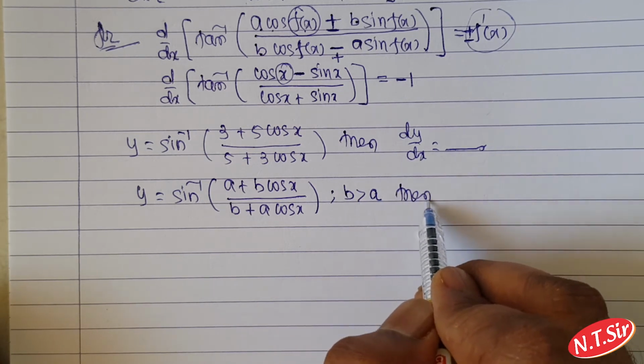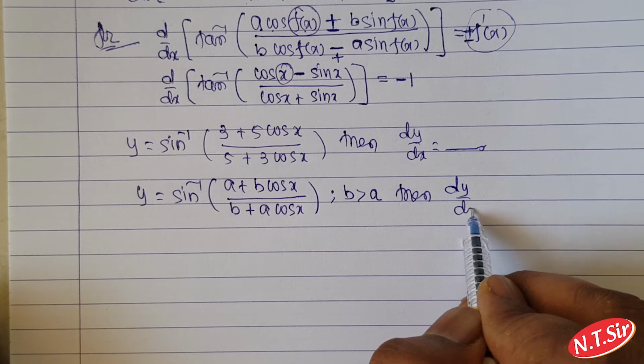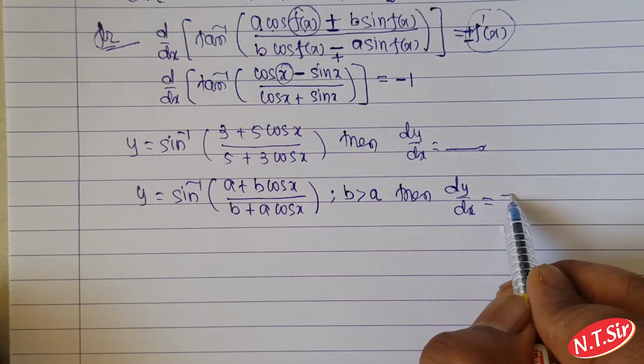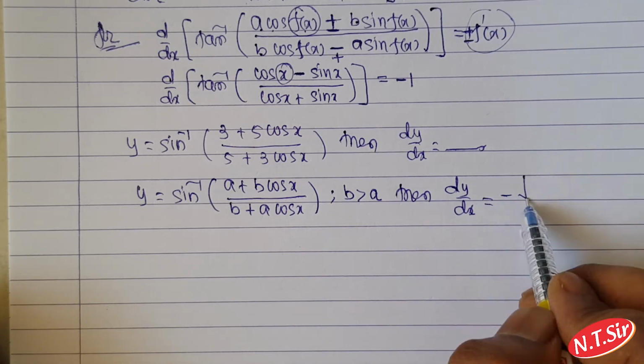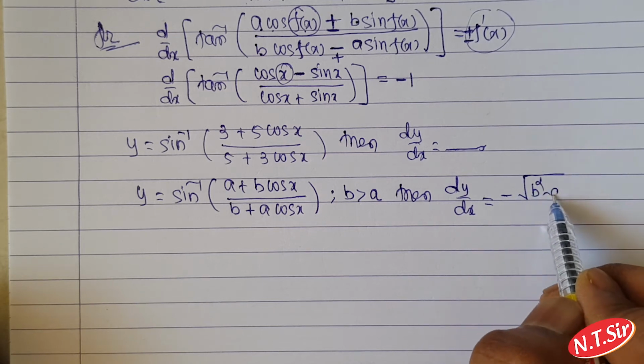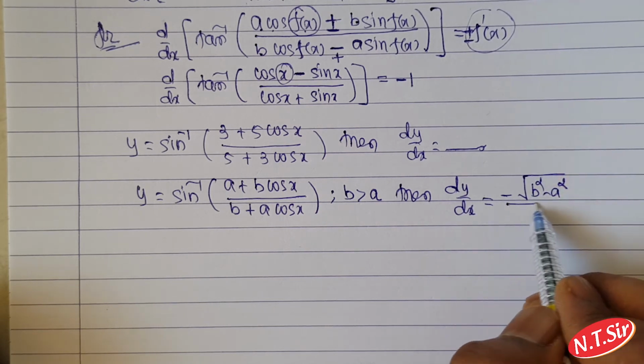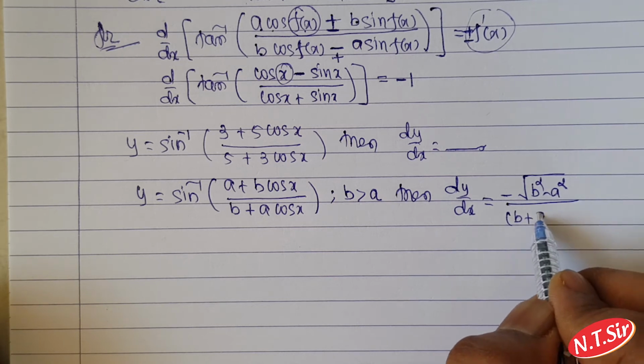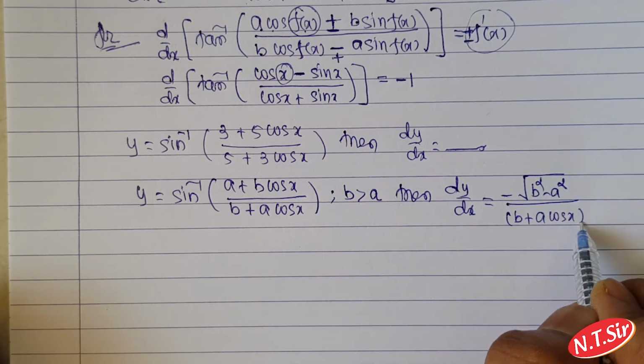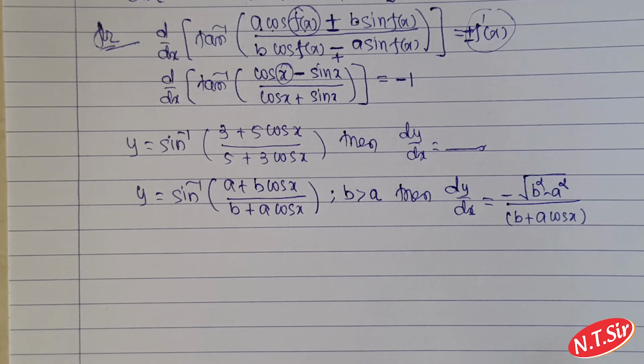Then your answer will be dy by dx is equal to minus square root of b square minus a square upon b plus a cos x.